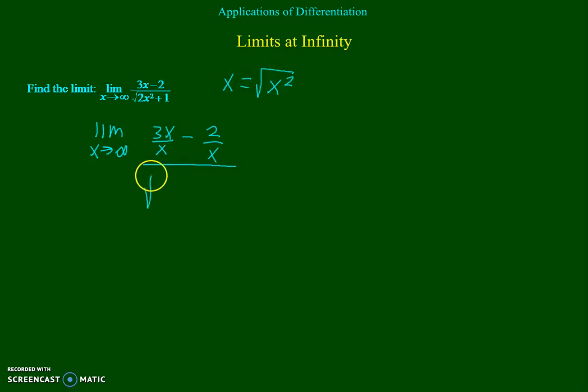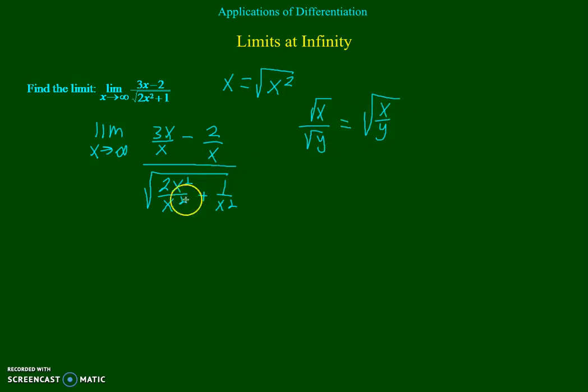So we have the square root of 2x squared divided by x squared plus 1 over x squared. So that's all we did, was just divide the denominator by the square root of x squared. And we took advantage of the property of radicals that says the square root of x over the square root of y equals the square root of x over y.